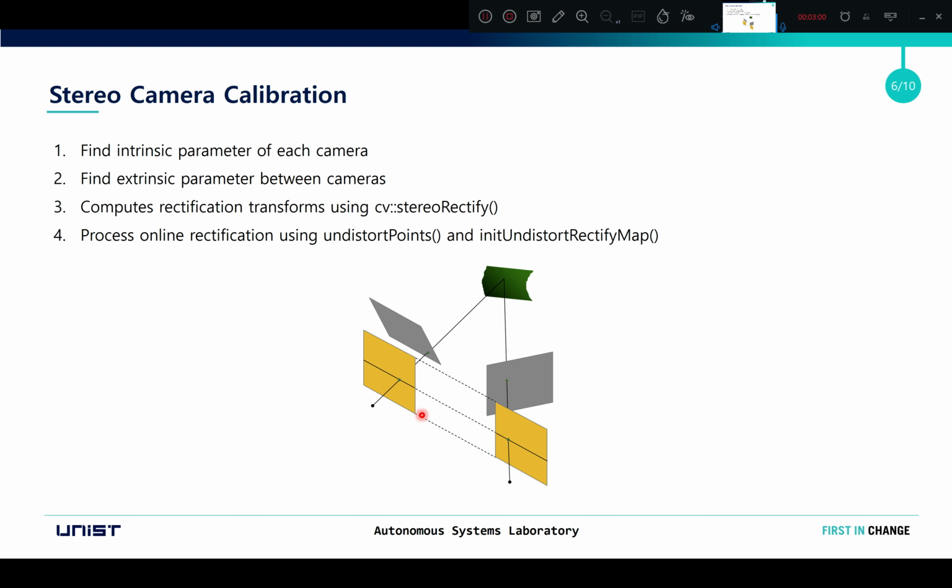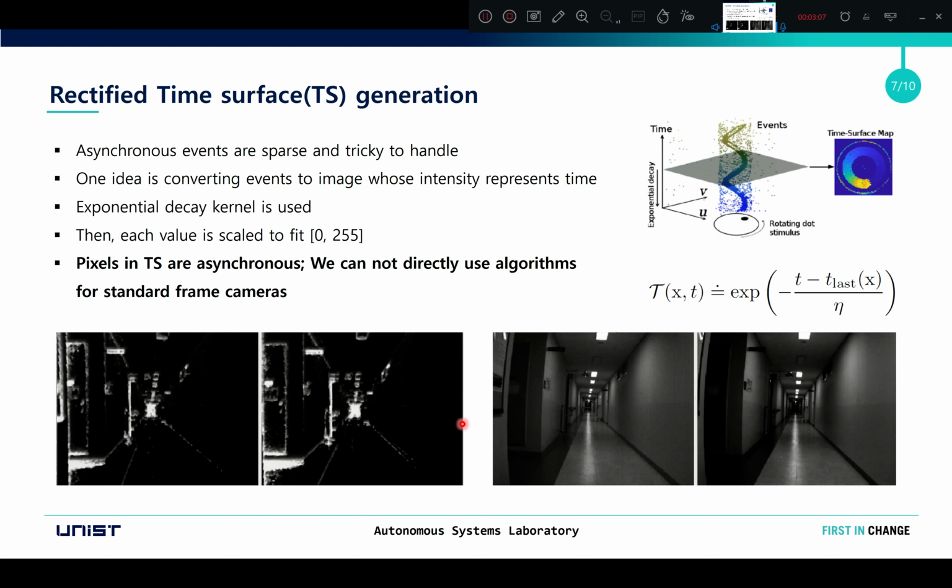Using these numerical quantities, I can process online rectification. Thanks to calibration, the distorted right side events can be converted to the left side.